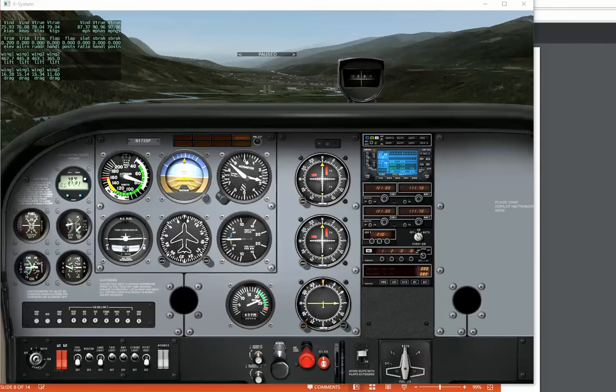So I see a question real quick. You haven't even taken off yet? I mean, have you tried a good takeoff before? Do you just crash or something?